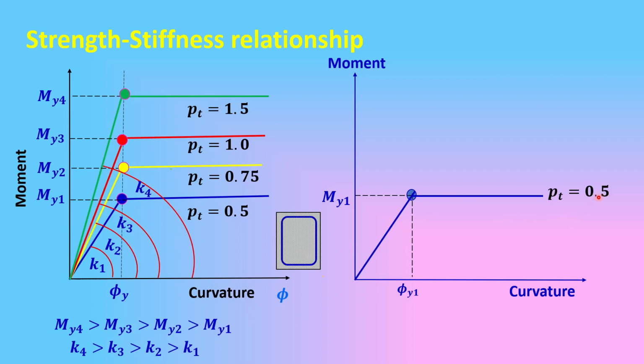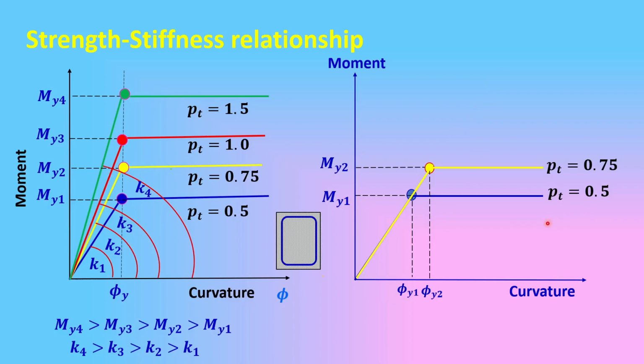So for 0.5% steel, it has shown this stiffness where it has the yield moment My1 and the yield curvature phi y1. Let us increase the amount of steel, and now percentage steel is 0.75%. Corresponding yield moment is My2 and yield curvature is phi y2, which is different. Why is it different? Because the stiffness is not changing as per code. With the increase of steel, code says stiffness does not change. So this line is same for all cases. This will be a straight line here.